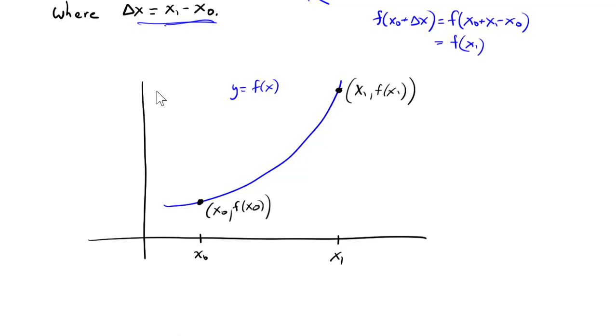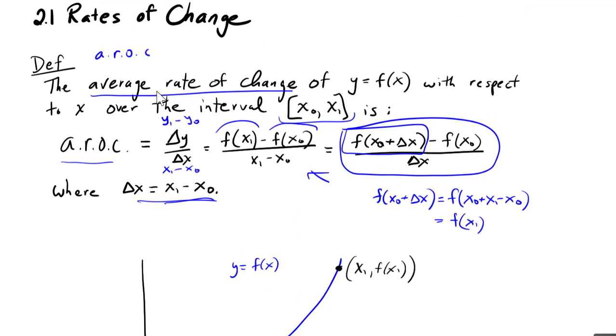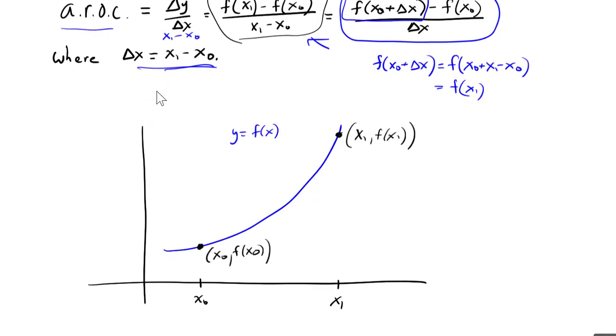Now, if we're talking about this quantity we were looking at above, f of x1 minus f of x0 over x1 minus x0, then that would be the slope of the line connecting those 2 points. And that's often known as the secant line. The secant line just connects the 2 points.